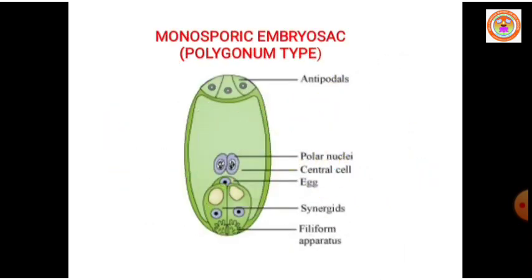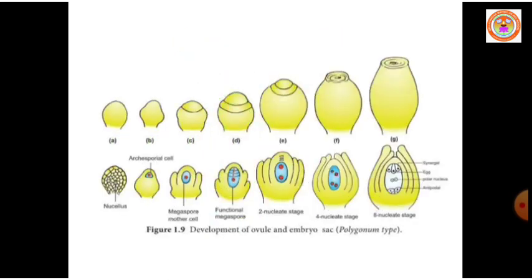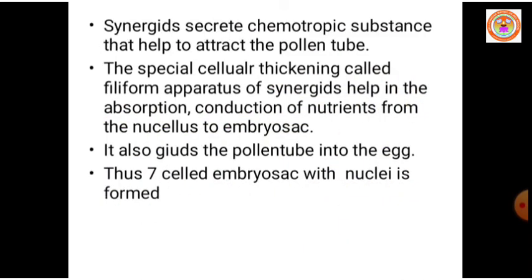Generally, synergids secrete a chemotropic substance that helps to attract the pollen tube. The special cellular thickening called the filiform apparatus of the synergids helps in absorption and conduction of nutrients from the nucellus to the embryo sac. These structures also help to guide the pollen tube into the egg cell.